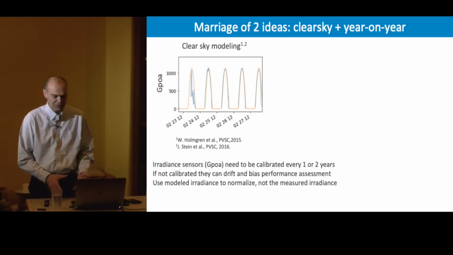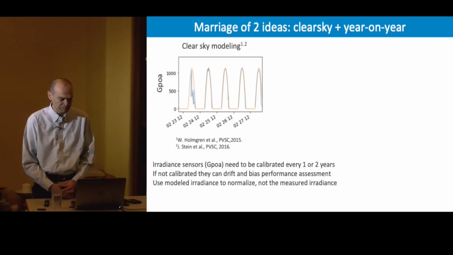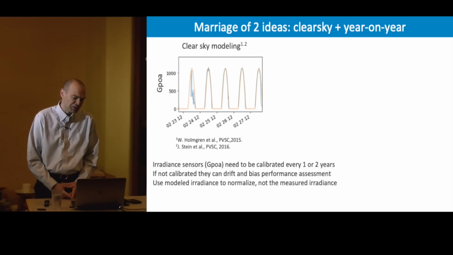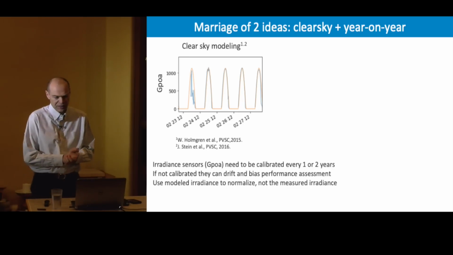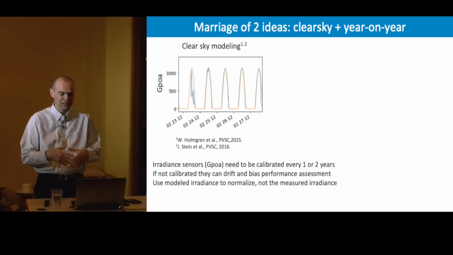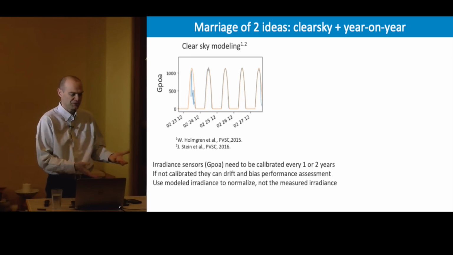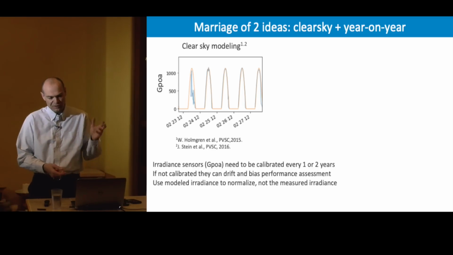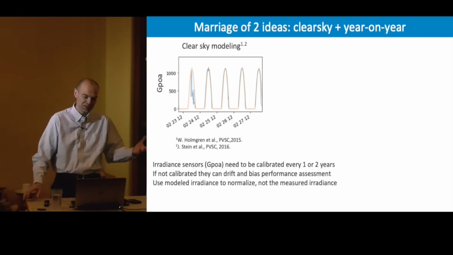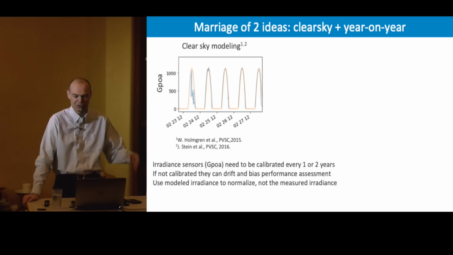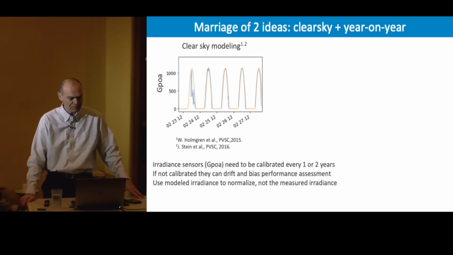So they can drift over time. And so in our methodology, from the location and the orientation of your system, we can model what the irradiance should look like on a clear day. And then instead of using the measured irradiance, we use the modeled irradiance to normalize your PV performance.